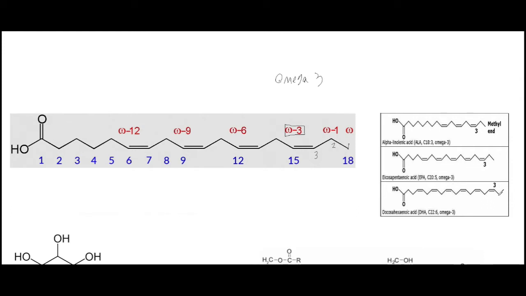And so they all have this omega-3 unsaturation here, but they all differ in chain length and where their other unsaturation sites are located in the chain. And so all three of these are the omega-3 fatty acids that we obtain from our diet.